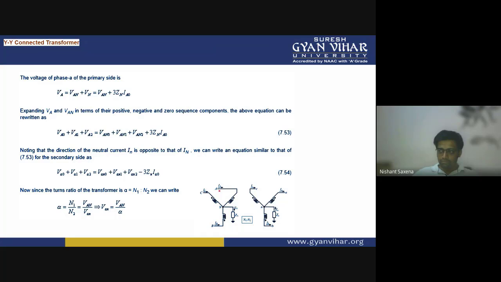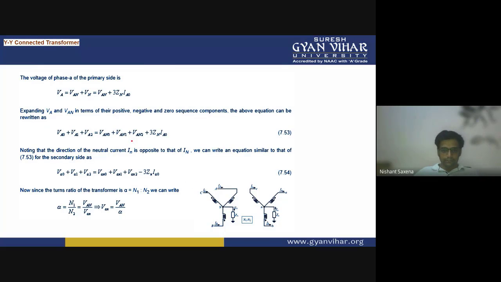If you move from this port to this port, we can see it is VAN plus VN, where VN would be equal to 3 times Zn into IA0. As we have seen in the previous lecture, the neutral will be having 3 times the zero sequence component of the current.